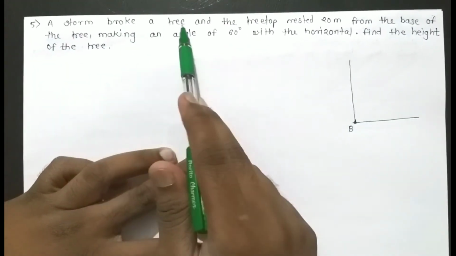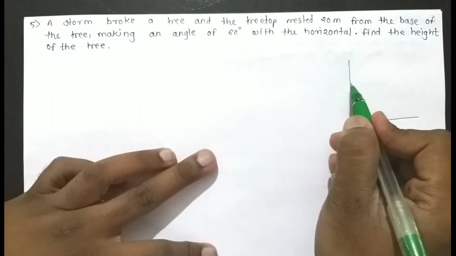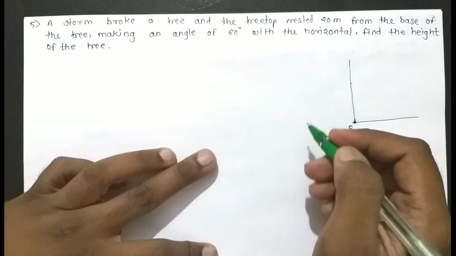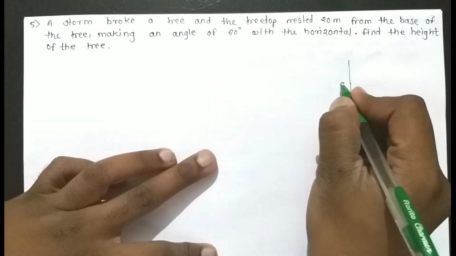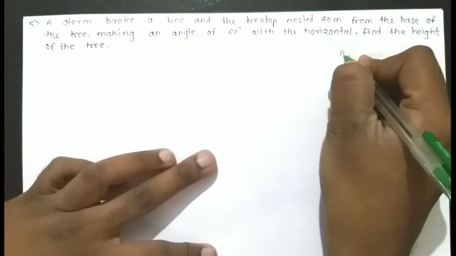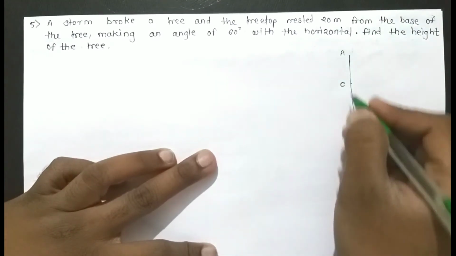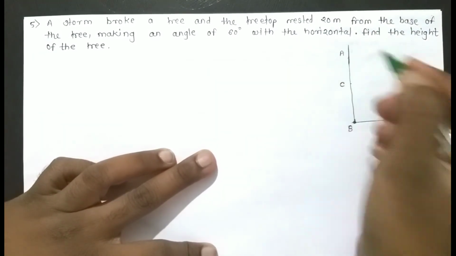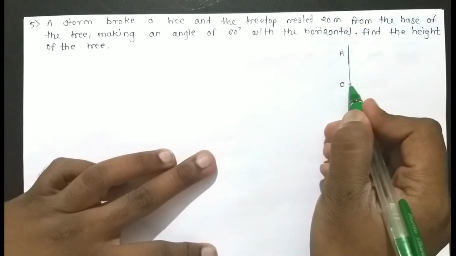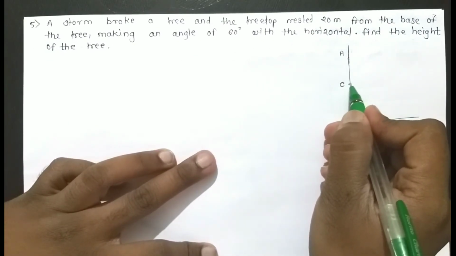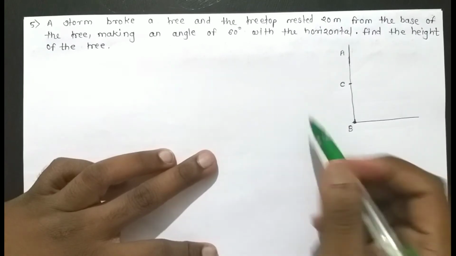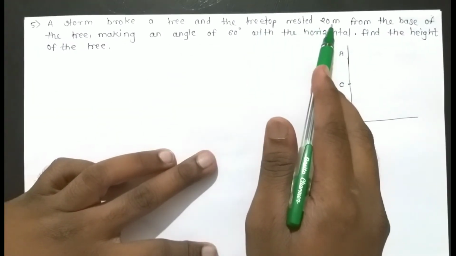Storm broke a tree. This is a breaking point, noted as C. AB is the actual tree and due to the storm the tree broke from point C. Tree top rested 20 meter.